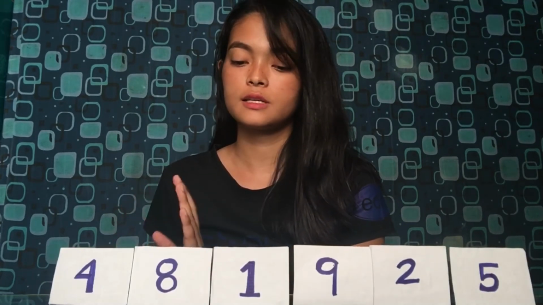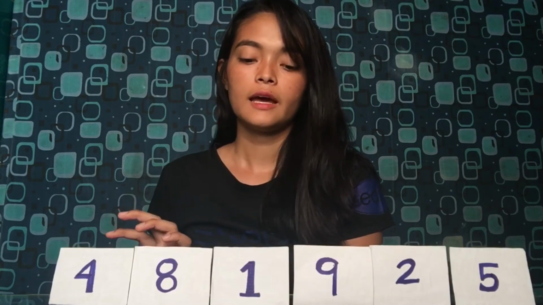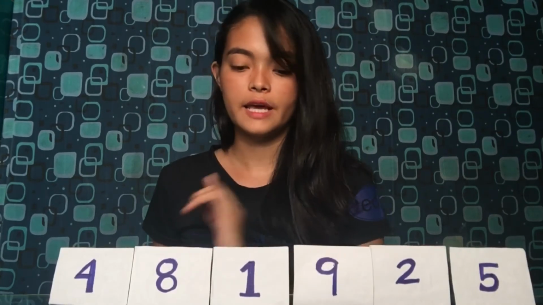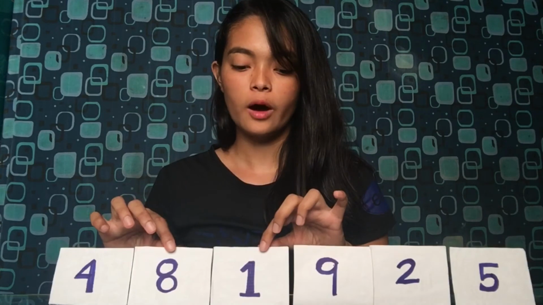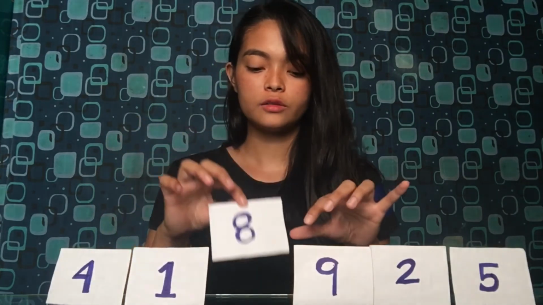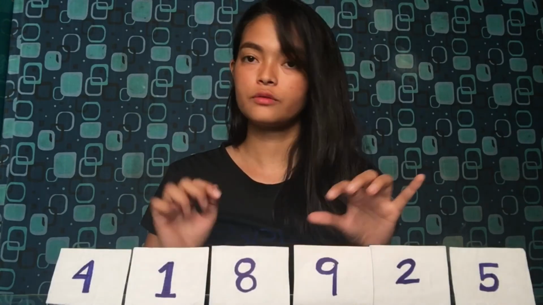As you can see, 8 is not in the right position, so it compares 1 with 8, and the comparison is: 1 is less than 8. Yes, it is, so we're going to swap 1 and 8. Move 1 to the left and 8 to the right.